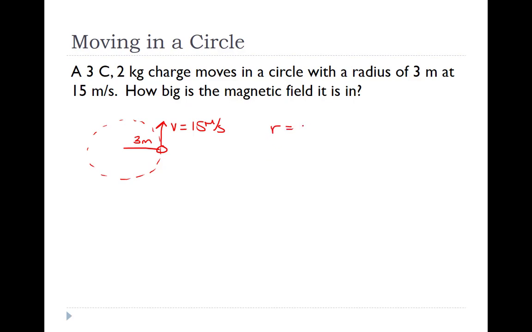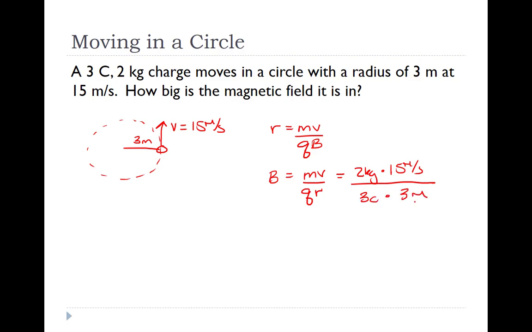So R equals mv over qB. Rearranging that, the magnetic field is going to be mv divided by q times r, which is 2 kilograms times 15 meters per second divided by 3 coulombs times 3 meters. And that works out to be a 3.33 Tesla field.